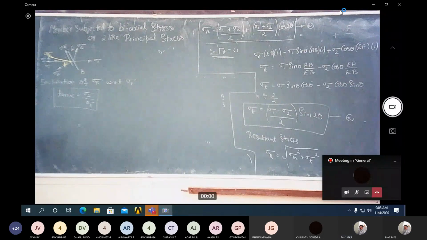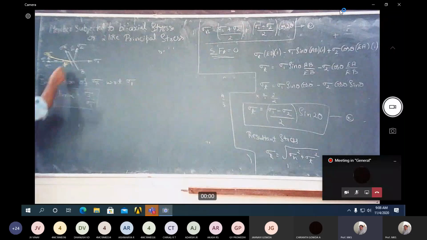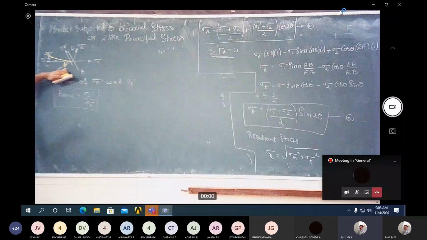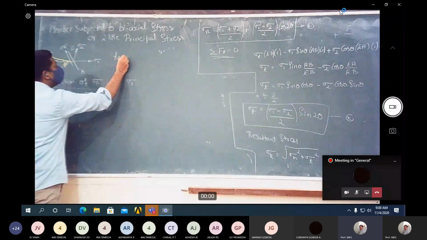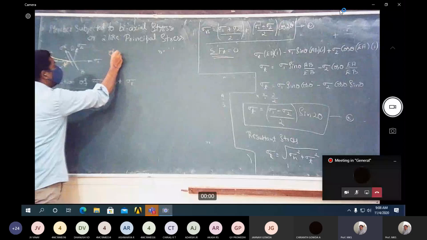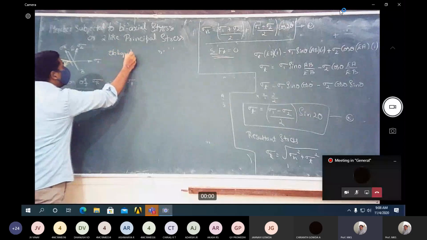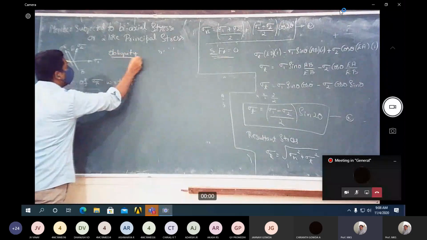We have already written the inclination with respect to the normal stress, that is phi. Tan phi is given by, it is the obliquity.